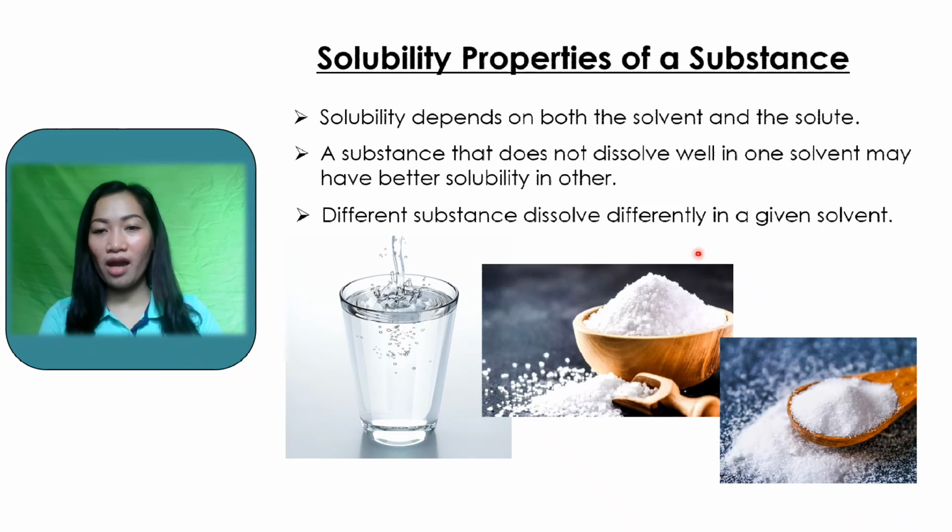Let's compare. This is a rock salt and this is an iodized salt. If we use the water as our solvent, the rock salt will dissolve more easily in the water compared to the iodized salt, but they are both salt. Meaning the solubility of the rock salt is higher compared to the iodized salt.